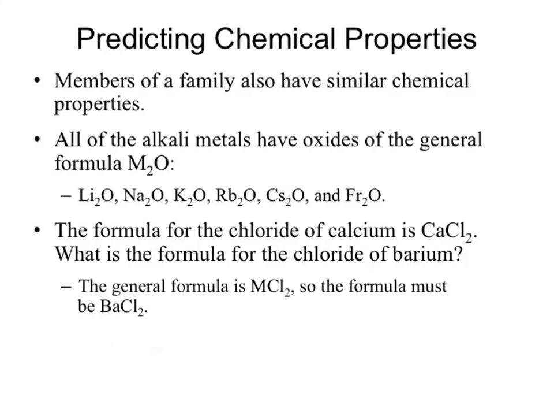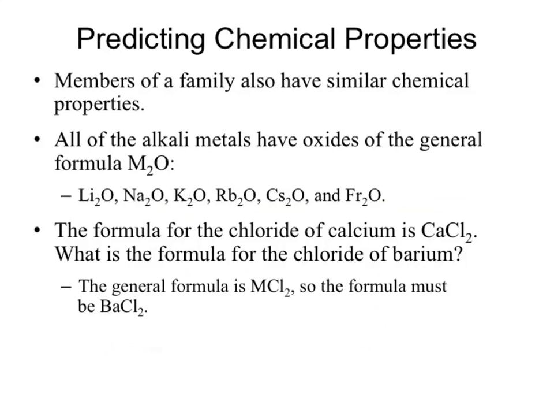If we go to sodium, sodium is immediately underneath lithium. And what we said is within an individual column, the chemistry tracks. We get the same chemical types of reactions. So if we didn't know what the chemical formula was going to be for sodium oxide, but we knew lithium oxide, we could say, more than likely, it's going to be 2 sodium ions per oxygen. And sure enough, that's what we end up seeing.